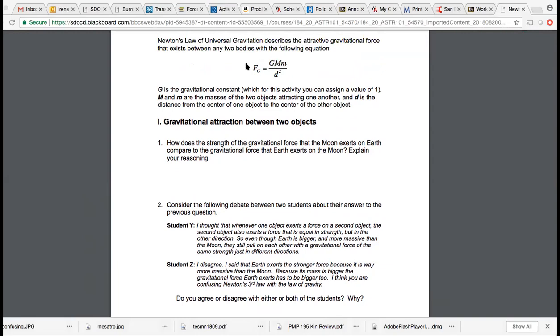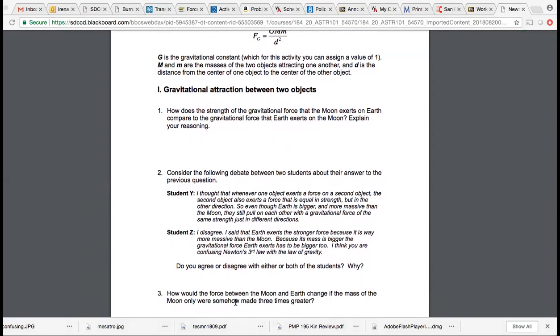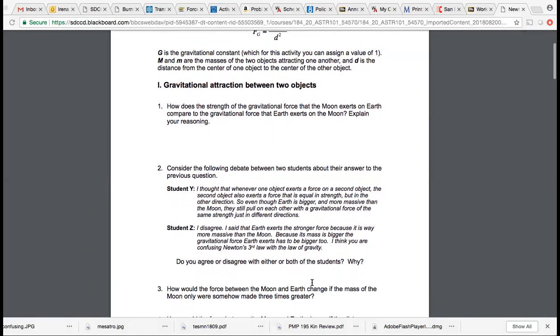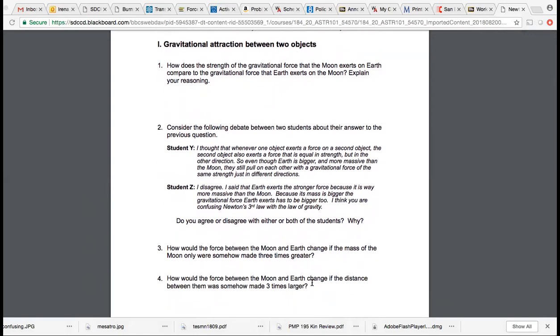That means you get 3 times more force. So if somehow you could make the moon more massive, then the force would be greater. That's the rule: the more mass there is in whatever objects, planets, stars, the more force of gravity there is. Makes sense. Good. Okay.